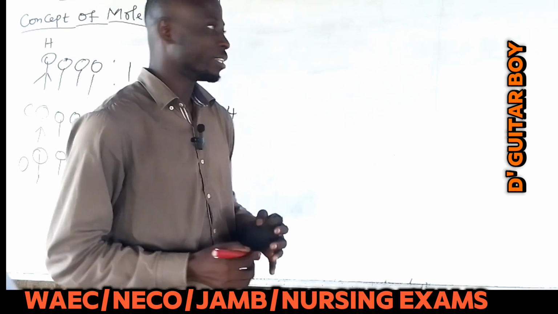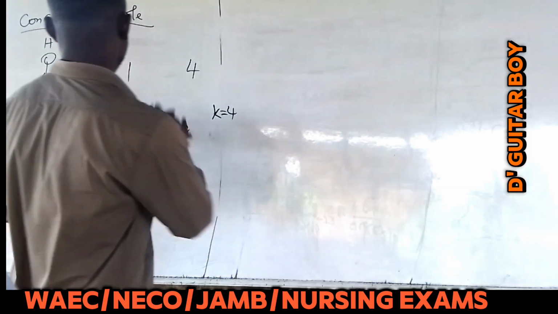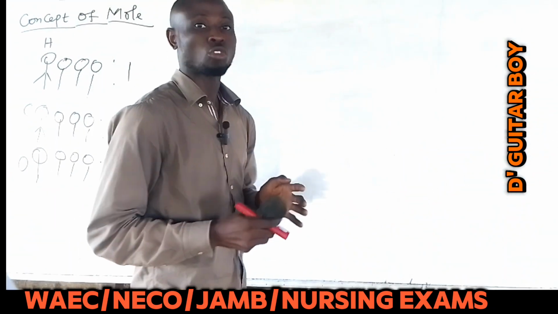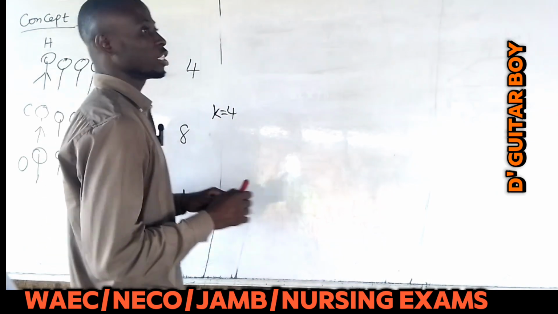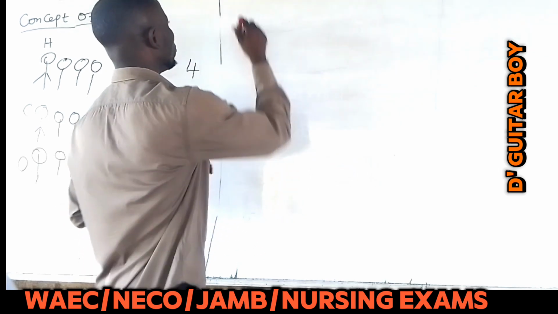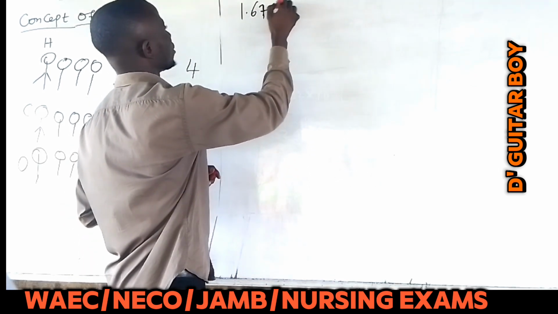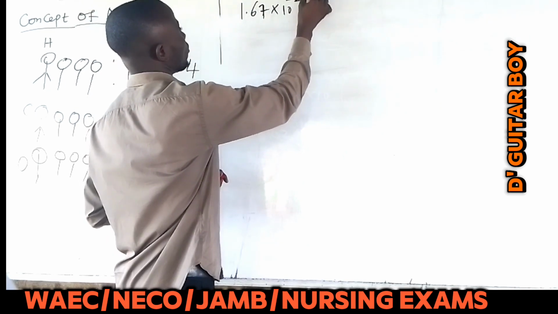In the same vein, that is how we also calculate the relative mass of atoms, of any particles in chemistry. Take for instance, the actual mass of one atom of carbon is 1.67 times 10 raised to power minus 24.